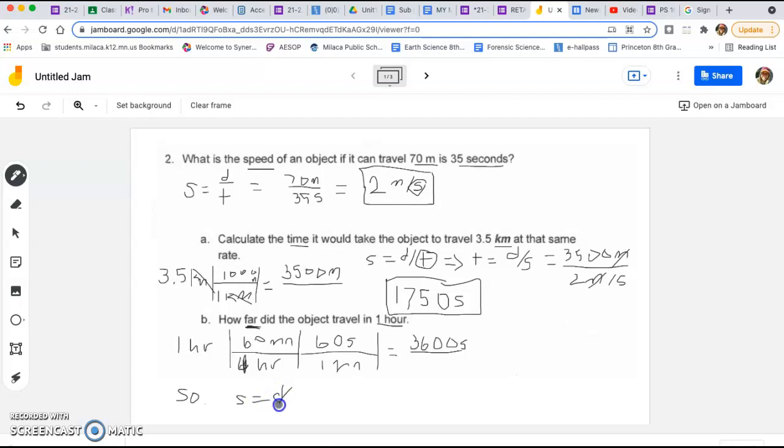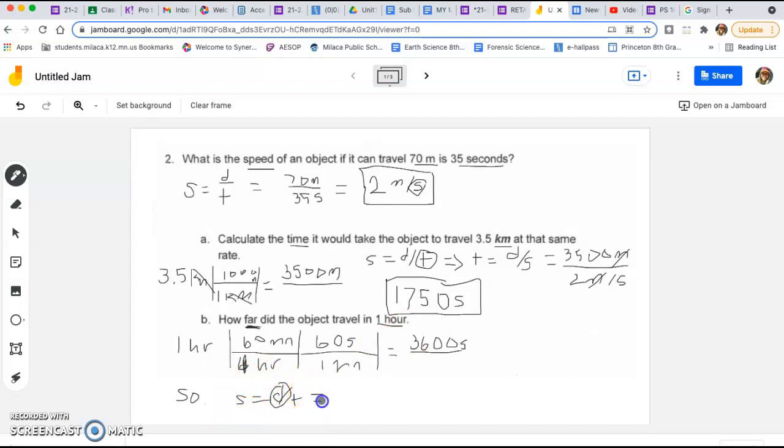We need to isolate distance because that's the variable that we don't know. We know the speed is 2 meters per second. We know the time is 3,600 seconds because we know it's traveling 1 hour and there's 3,600 seconds in 1 hour. So go ahead and try to isolate the variable here.